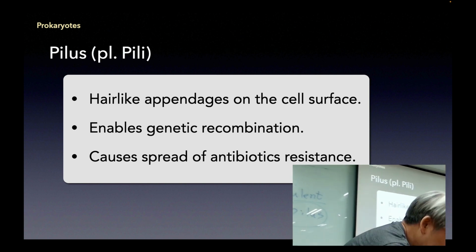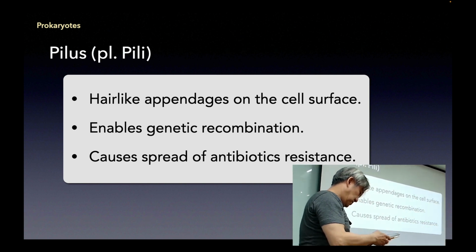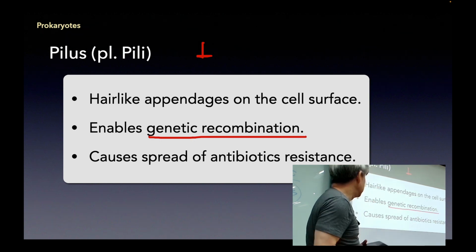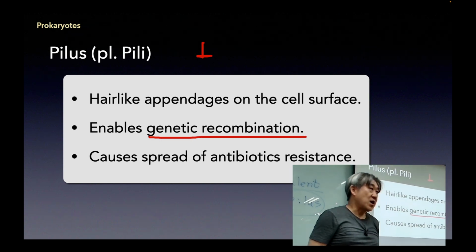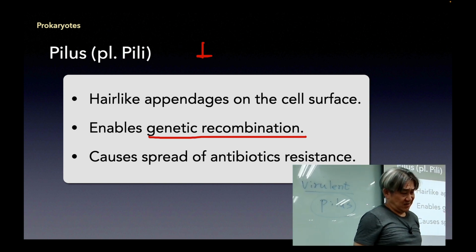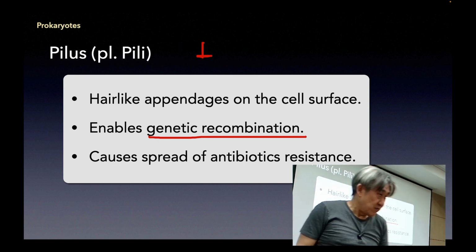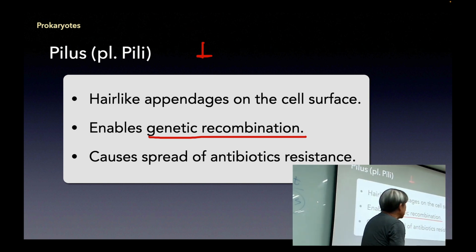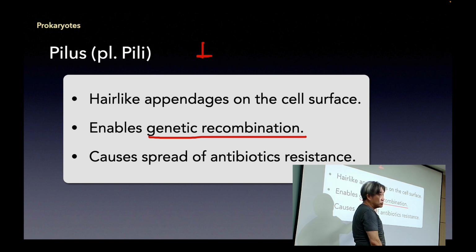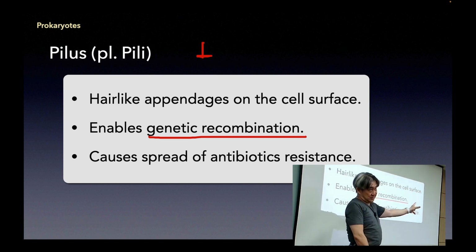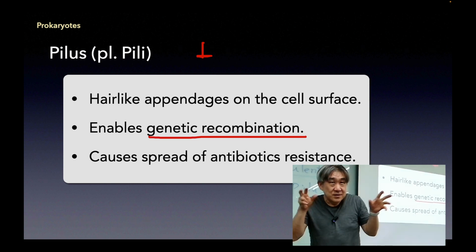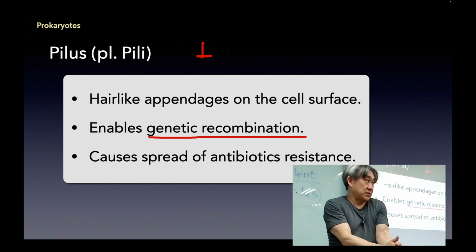Like for example, what is this? Genetic recombination. Genetic recombination is a feature which is exclusive to eukaryotes. Genetic recombination can be achieved through sexual reproduction.